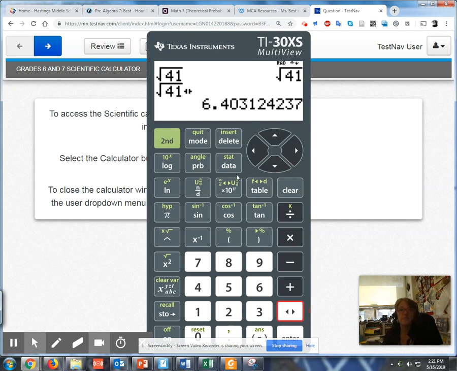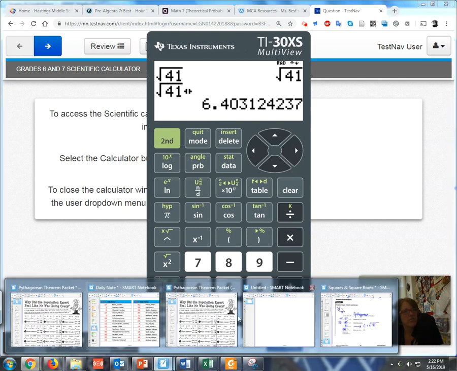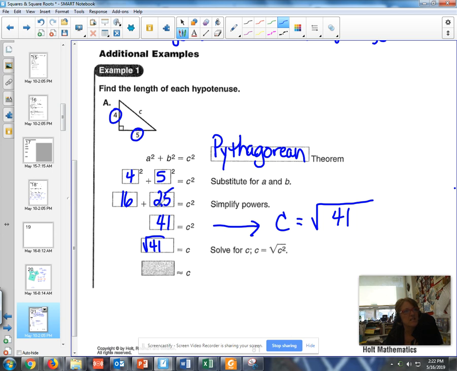Now remember, you have to be smarter than your calculator. This number keeps going. It's irrational. It doesn't repeat. It doesn't end. It behaves in this very unpredictable way, which is why we call it irrational. So we're going to round this off to be about 6.4. That is what C equals, approximately 6.4.